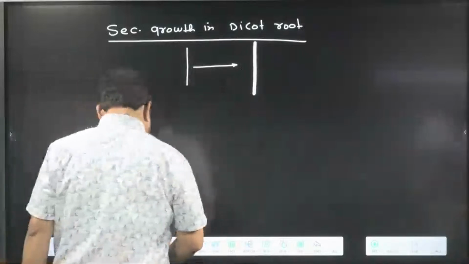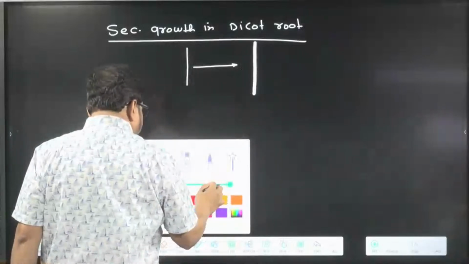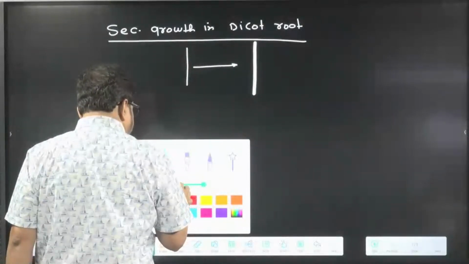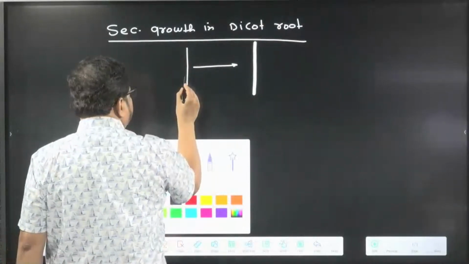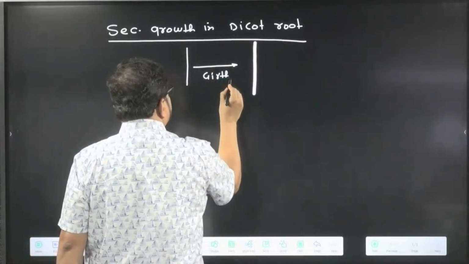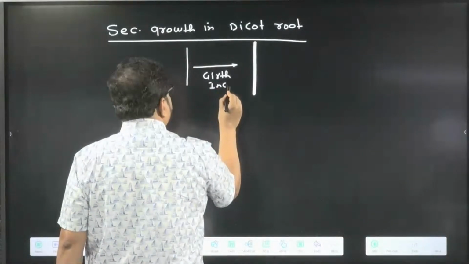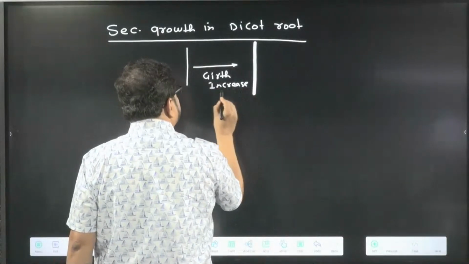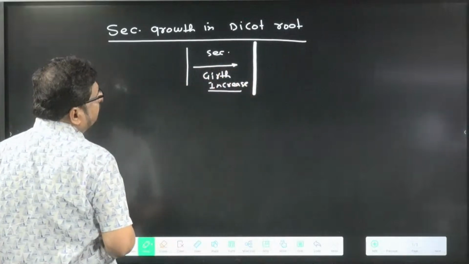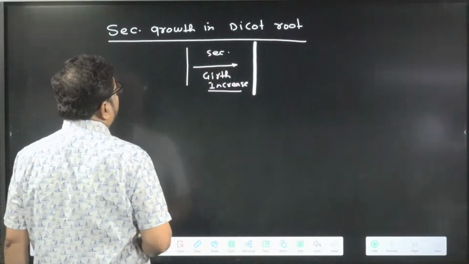So what is increasing? Girth is increasing. Thickness is increasing. Getting the idea or not? The diameter increases during the secondary growth process. So how this secondary growth occurs, we are going to talk about.